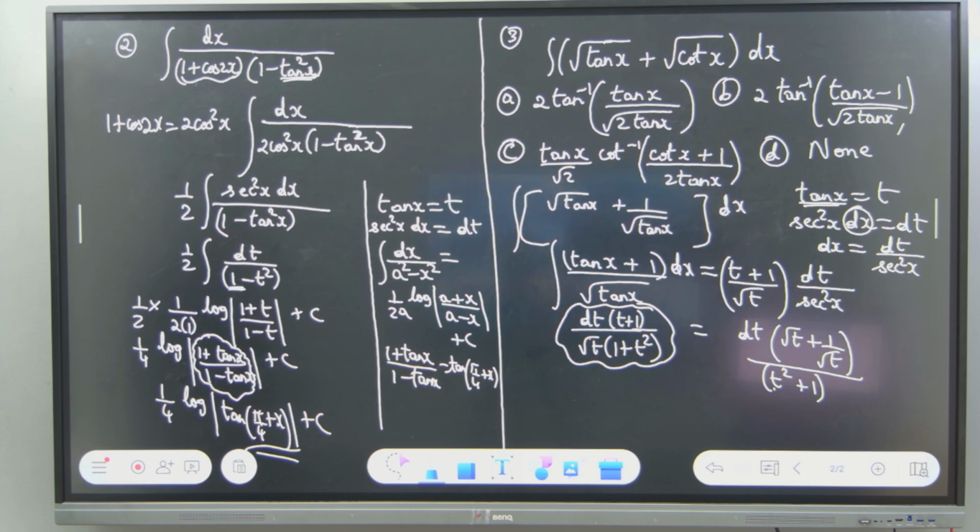Any thoughts, students? What do you think is the easiest way to solve?